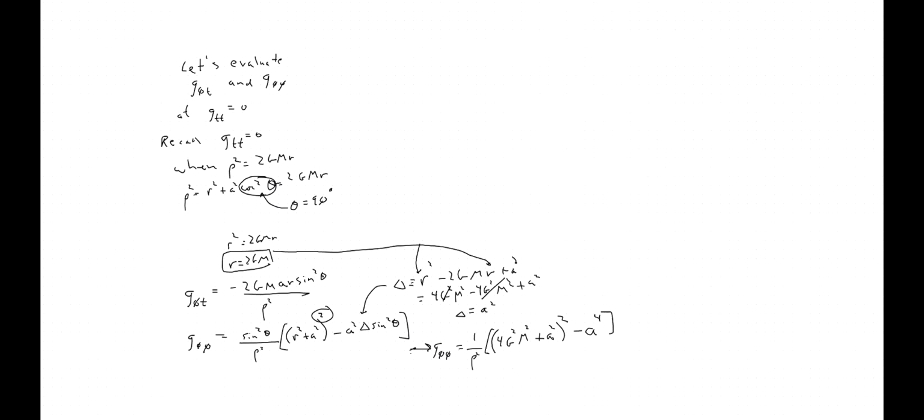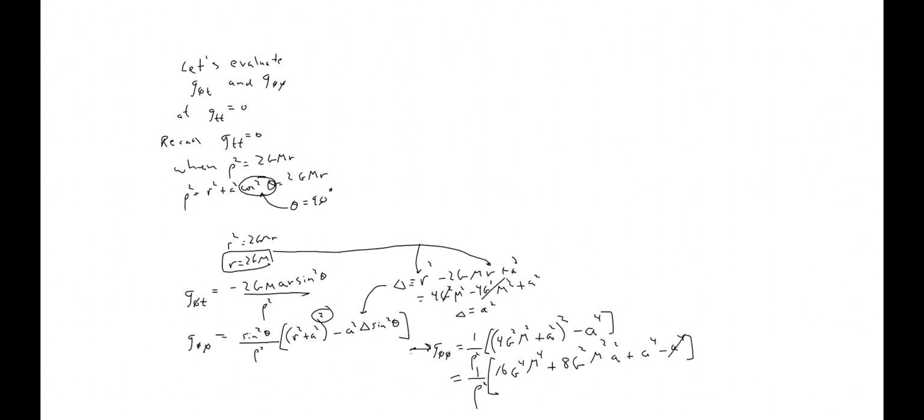So this gives us 1 over rho squared. If I square this out, I'm going to get 16 G to the 4th M to the 4th, plus twice the cross term, so that'll give me 8 G squared M squared a squared. Then that guy squared, a to the 4th, and then I have the minus a to the 4th.